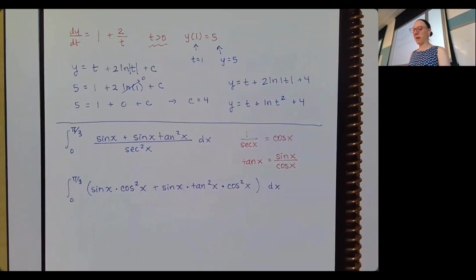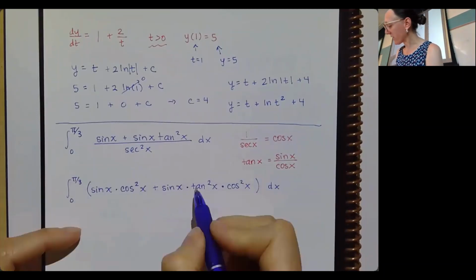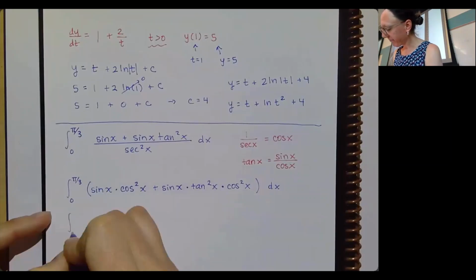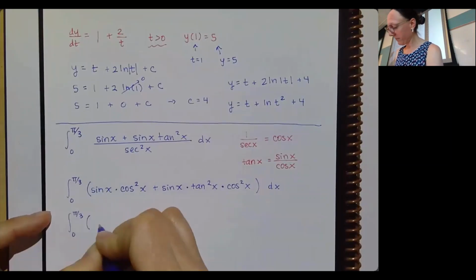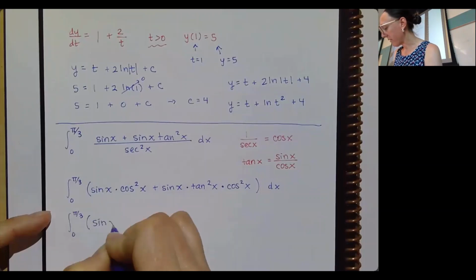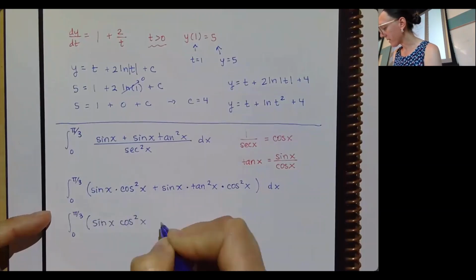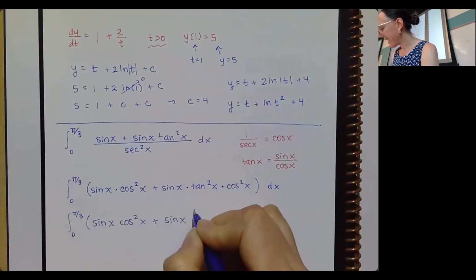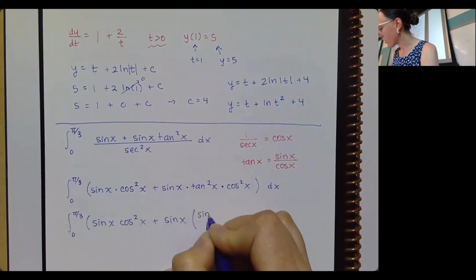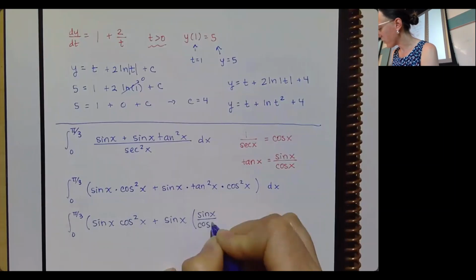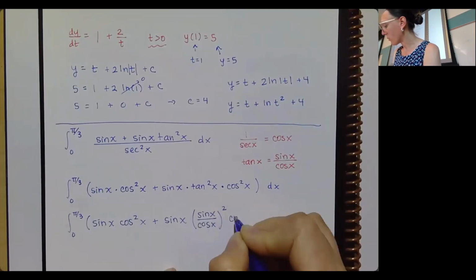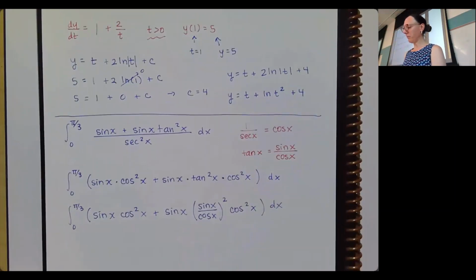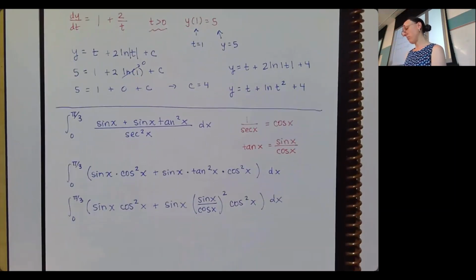But I think it's also going to be helpful if I replace the tangent squared. So I'd have sine of x cosine squared x plus sine of x, and then sine of x over cosine of x, whole thing squared, and then cosine squared x. Good news.